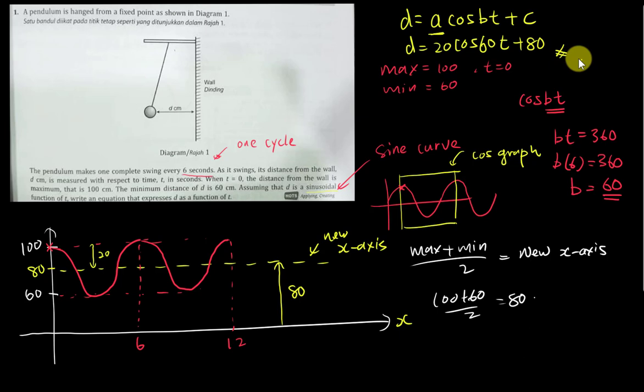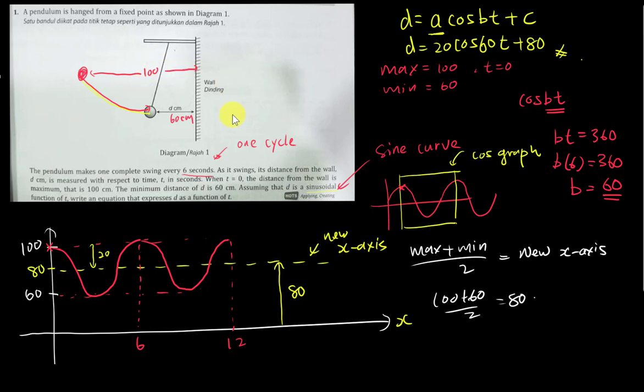You just imagine he starts to do the swings for the pendulum here, and then they measure the distance from this ball to the wall. So the minimum distance here is 60 cm, and his maximum swing is up to here, where the maximum distance is 100 cm.